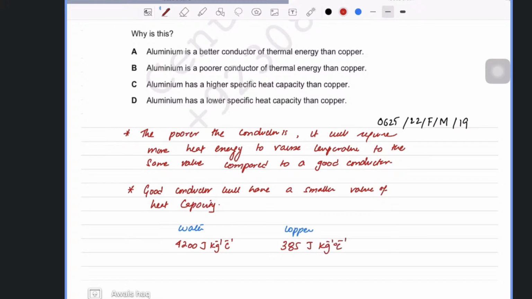What does that mean? For a 1 degree increase, water requires 4200 joules of energy.